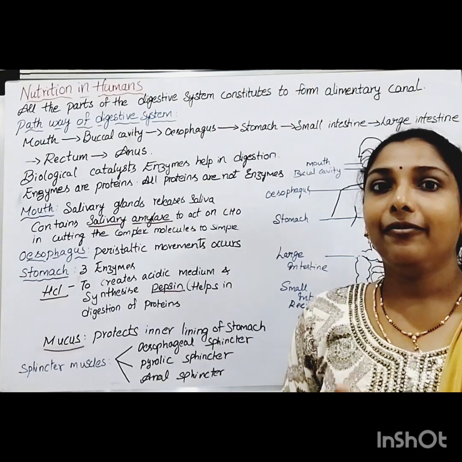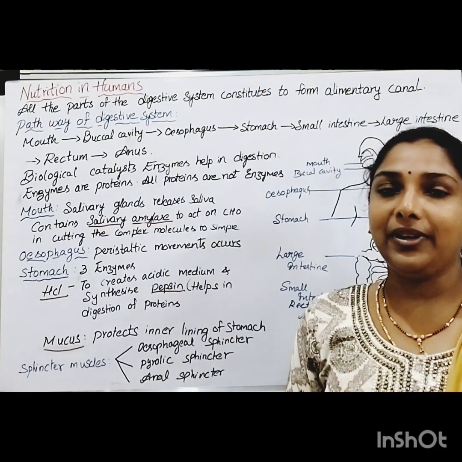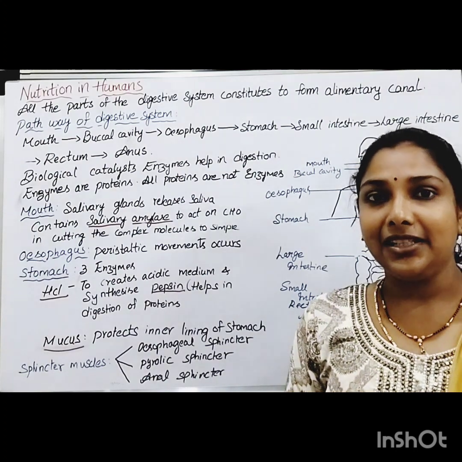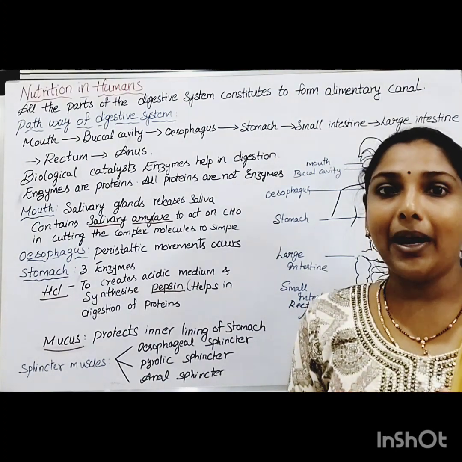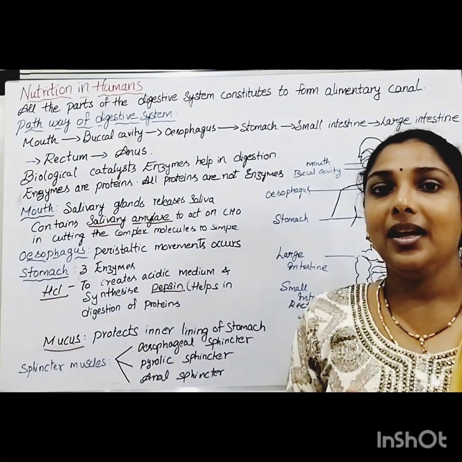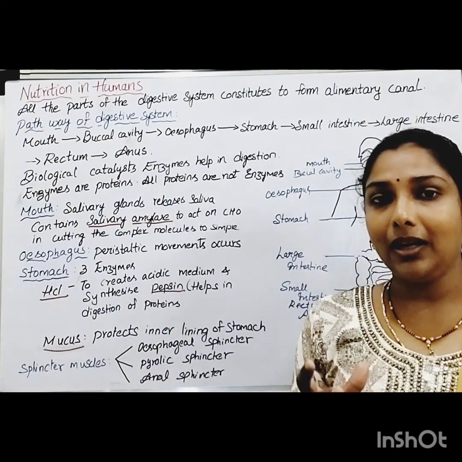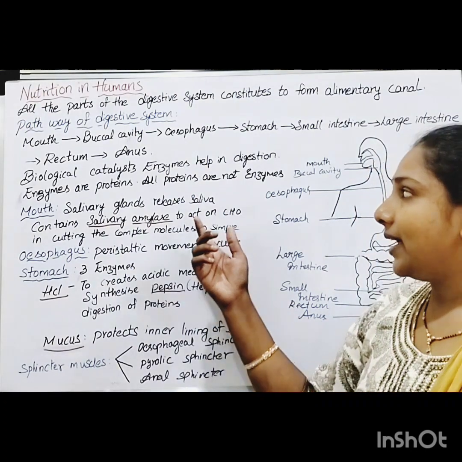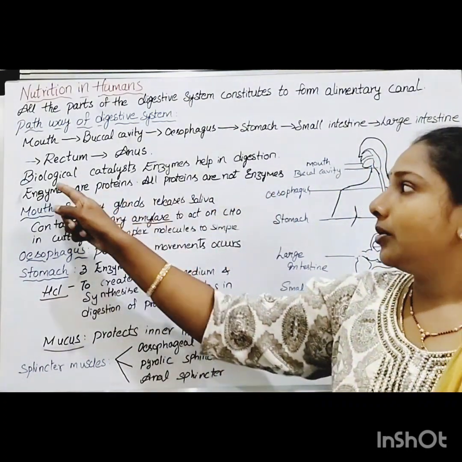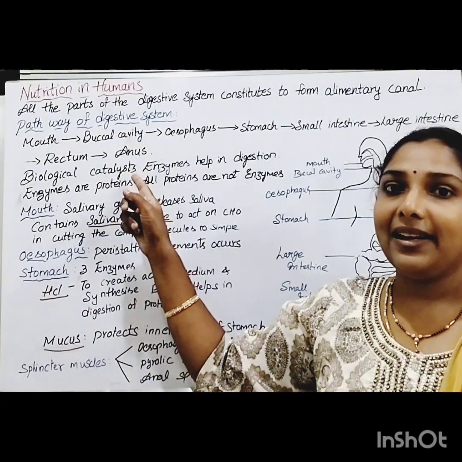How is food digested in these parts? With the help of enzymes. Enzymes are nothing but proteins, but all proteins are not called enzymes. All enzymes we can call proteins, but all proteins are not enzymes. These are biological catalysts.